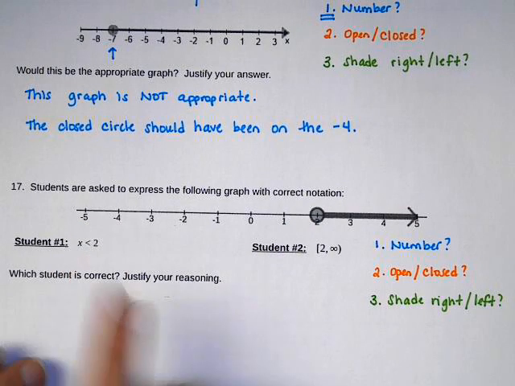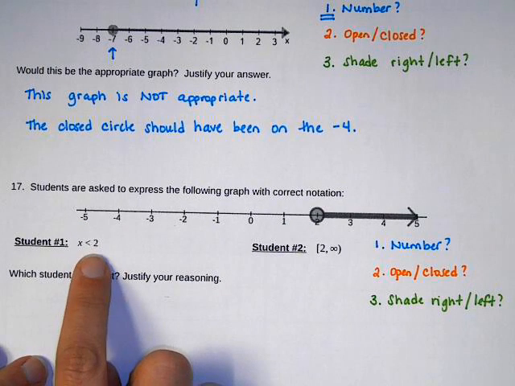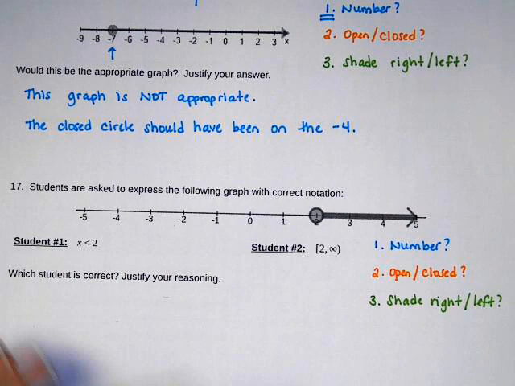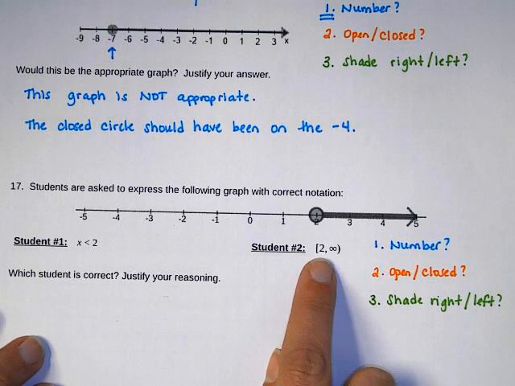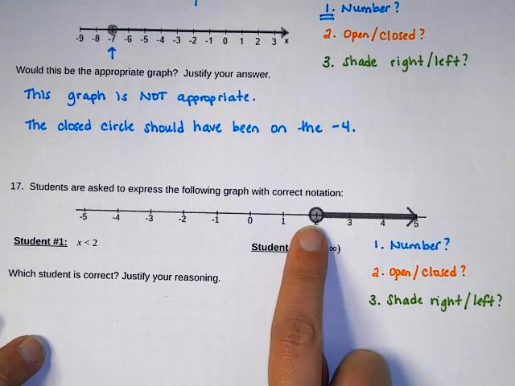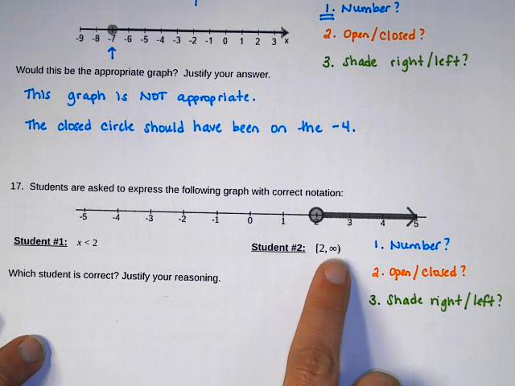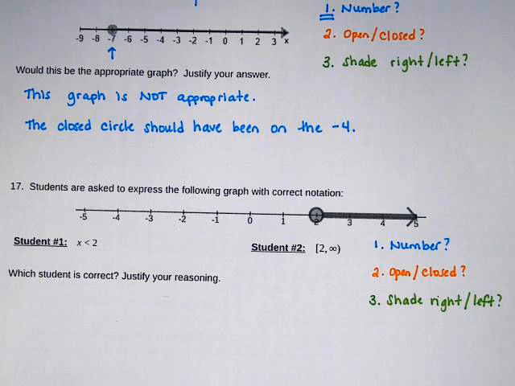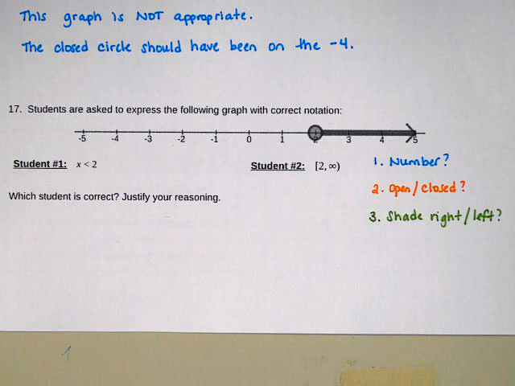So there's 2 things wrong with this. This is not pointing the right direction, and it's not the right kind of symbol. Student number 2, however, put the number 2 as their important number. They used a bracket because this was closed, and they did positive infinity because they shaded to the right. So if I ask you which student is correct, that's what you're going to say.